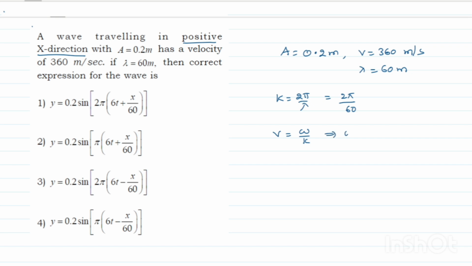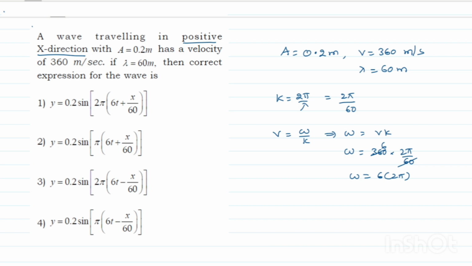So omega equals v times k, which is 360 meter per second times 2 pi by 60. So 6 times 2 pi, this is the omega value.